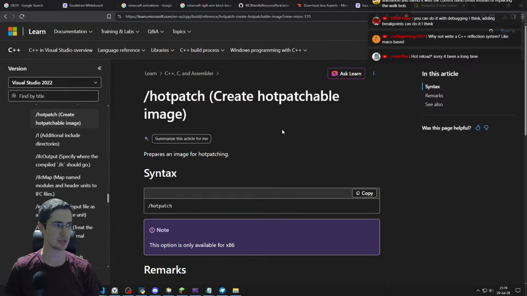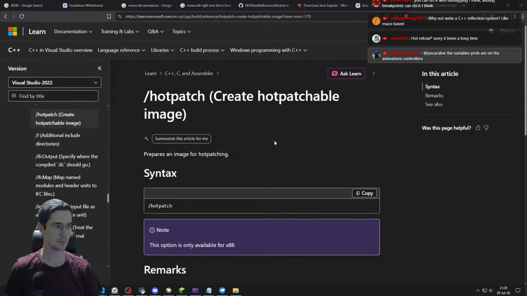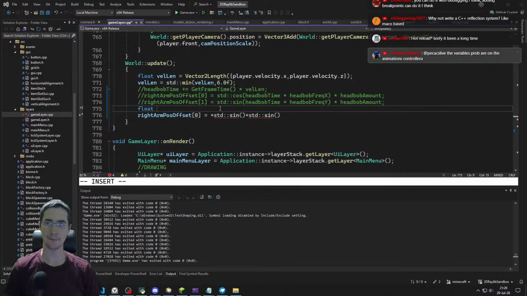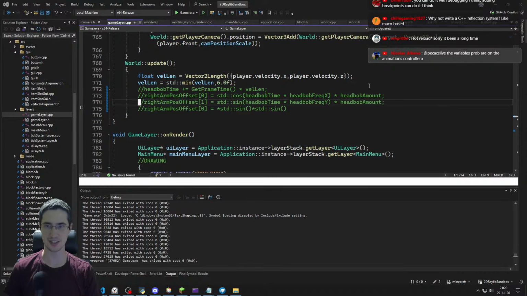Why not write a C++ reflection system? That sounds like a lot of work. Hot reload. Ah, you mean hot reloading? Yeah, we can try that. Okay, let's do a simple experiment, chat, to see if we have hot reloading in Visual Studio C++.